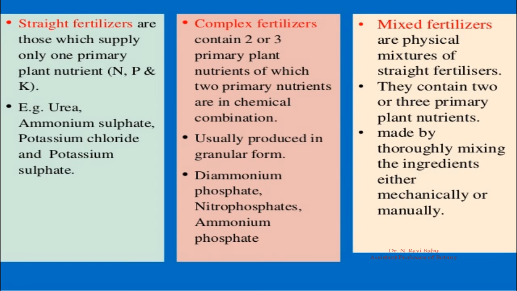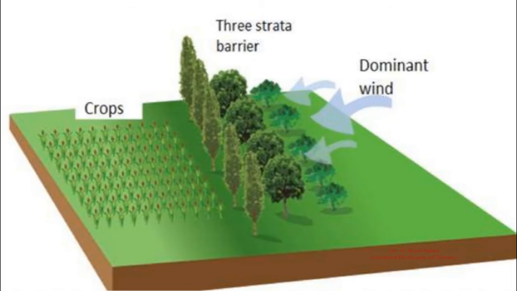Now, erosion of soil by wind, how it can be reduced. Now we are going to see how soil erosion by wind can be reduced. Number one, by minimizing the amount of soil bared through reduced vegetation.